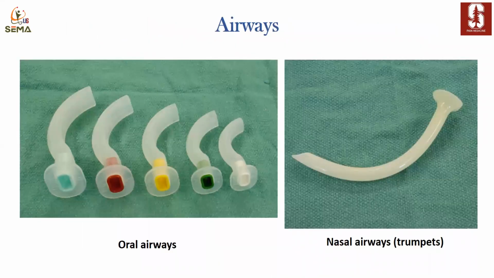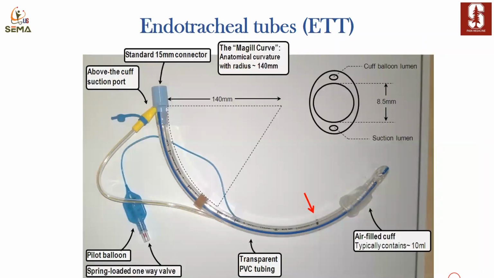Then these are the airways. You have oral airways, you have nasal airways, they're also called trumpets. And this is the classic ET tube. Again, you will see different types and shapes of ET tubes, but the principle is the same. You need to secure the airway. This is why we call this a secure airway.